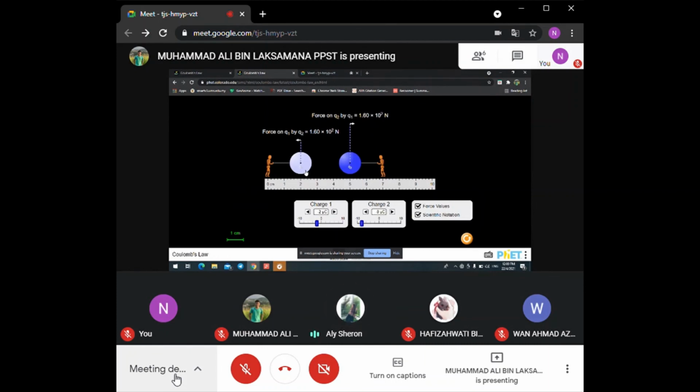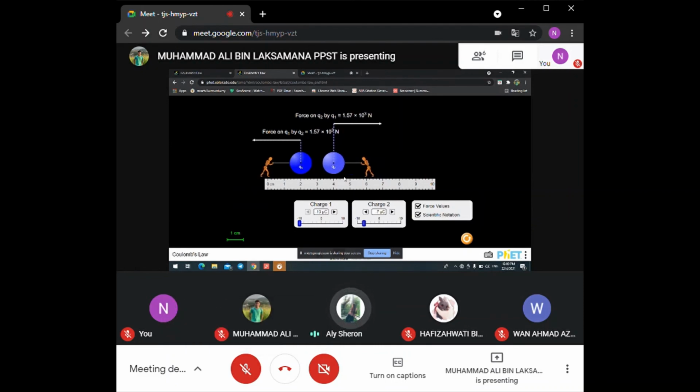For the last experiment, charge 1 is set to negative 10 microcoulomb and located at 2 centimeter, and charge 2 is set to negative 7 microcoulomb at 4 centimeter.